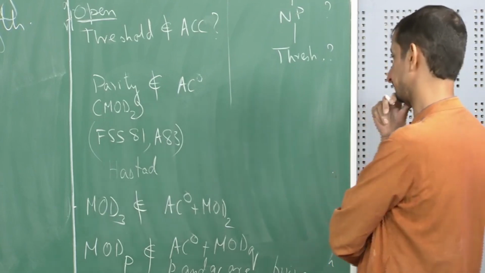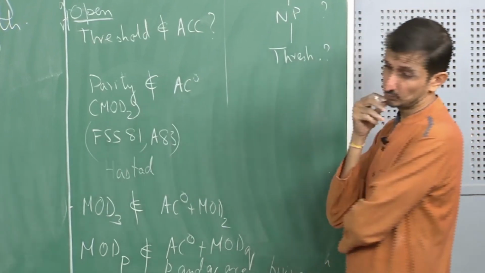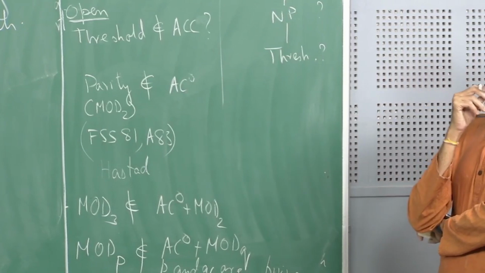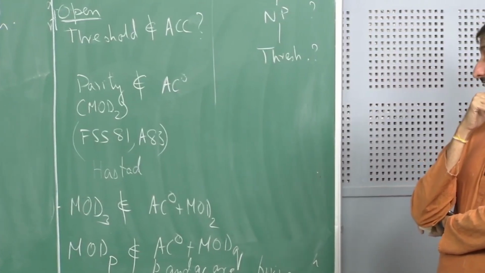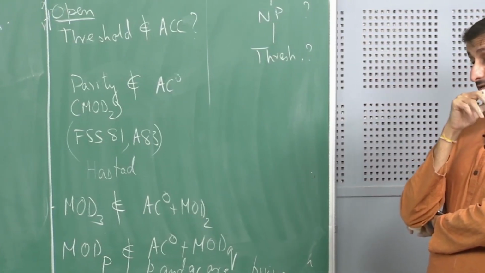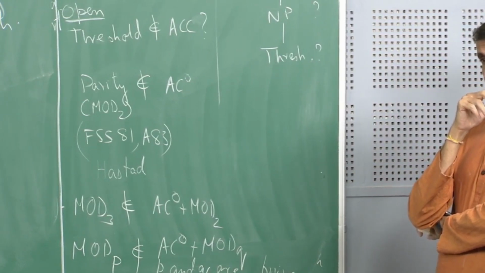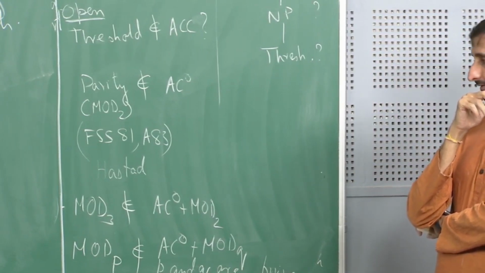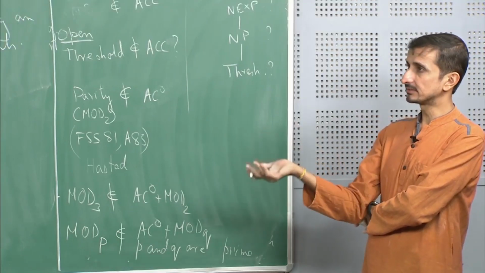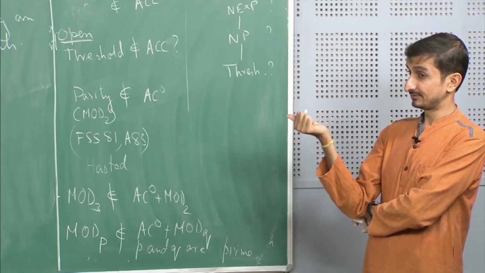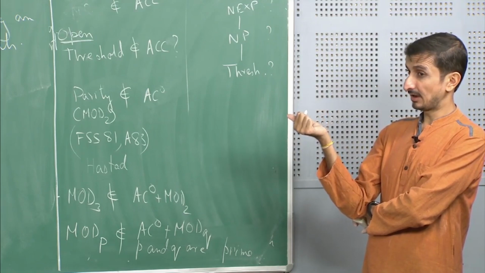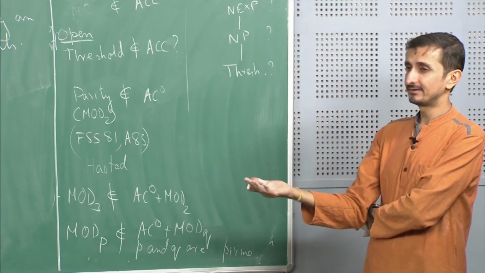Yeah. But if we are doing that kind of stuff, then these results are already showing that if we are allowing some mod k gates, then we can't compute certain other things. If you are allowing mod k gates, then we can't compute what? How do you show that? You are giving it more power, right?